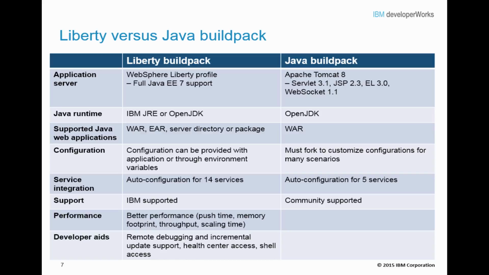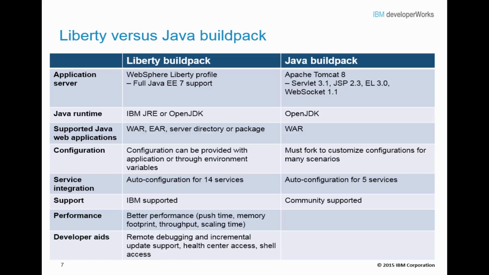So you will see the environment variables and application config variables part of the runtime vars XML file when you use the Liberty build pack. Whereas in Java build pack, you will have to fork it to customize the application configurations.